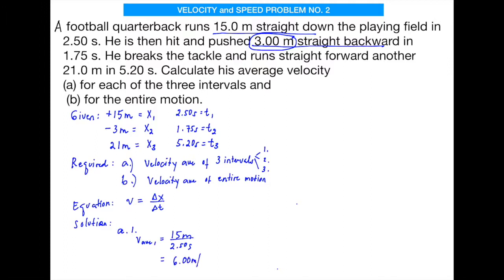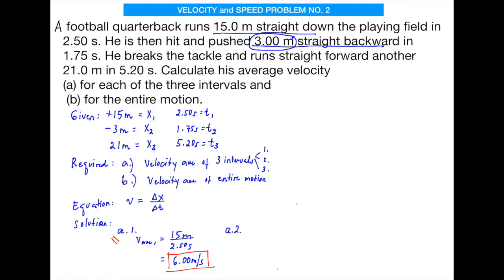Now take note of the significant figure. We have all 3 significant figure here, so our final answer must be in 3 significant figure. So this will be our answer for A1, first question.